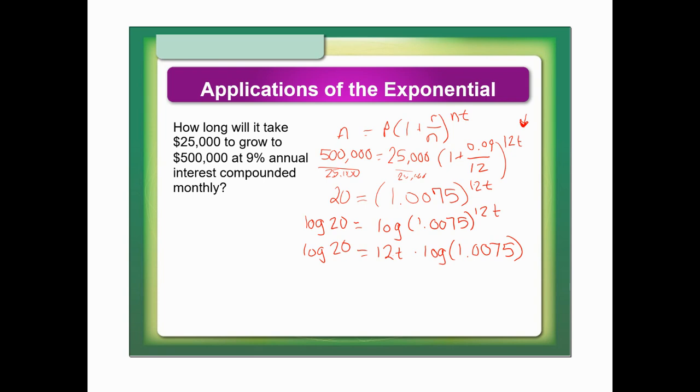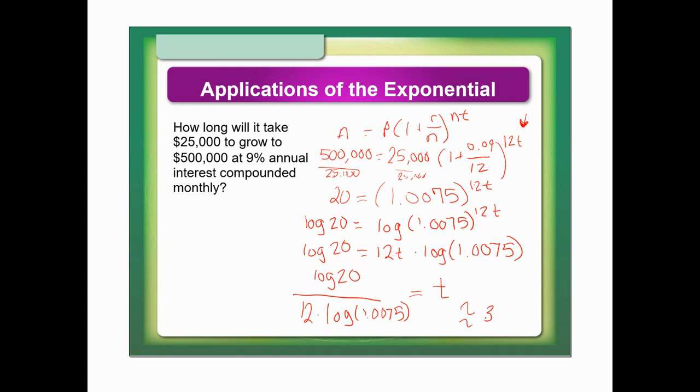So to solve, t is going to equal the log of 20 divided by 12 times the log of 1.0075. You can type this all in your calculator at once, or you can simplify it, but what you end up getting is approximately 33.4 and so on.